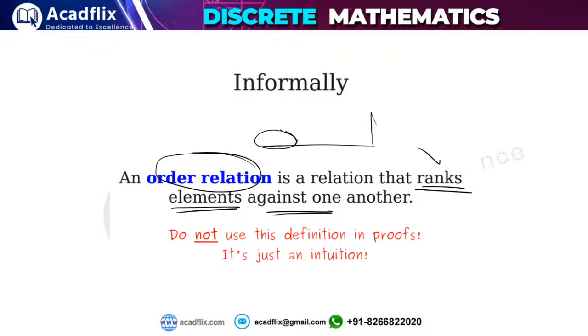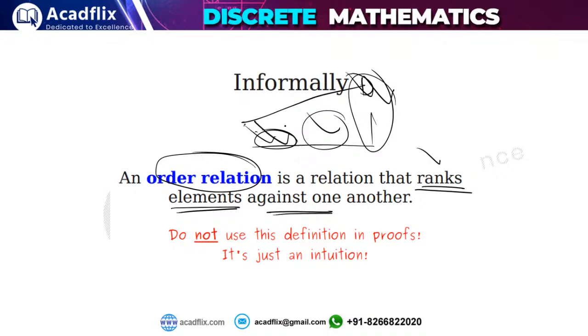Maybe this is rank 3, rank 2, rank 1, because in that movie you can see this is how they were arranged. The poor people were here and the rich people were here. A rank was given based on their money status.